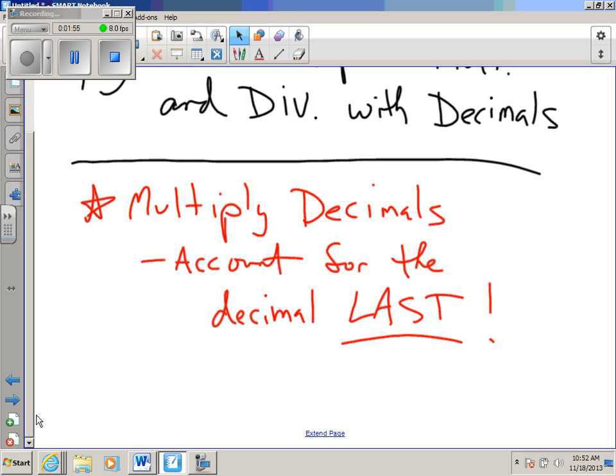We account for the decimal last. Decimals themselves do not change or alter any of the multiplication facts that you've learned ever since you started learning your multiplication facts. What decimals will do is ask you to do something after you've already covered those facts.